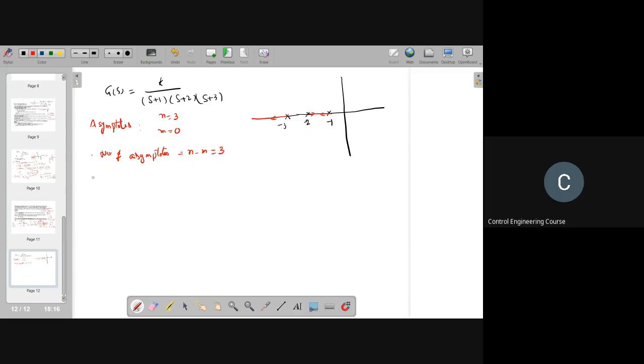Then the angles of asymptotes are (2q plus 1) times 180 degrees divided by n minus m, that is 3. So you will get 60 degrees, 180 degrees and, sorry, 300 degrees.